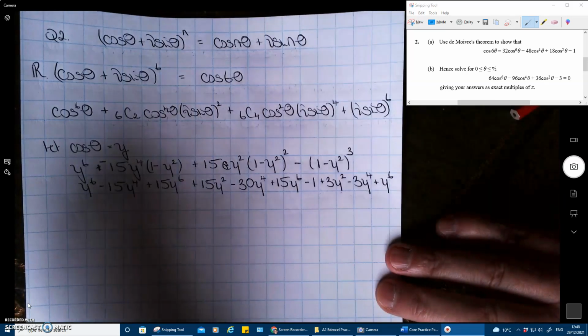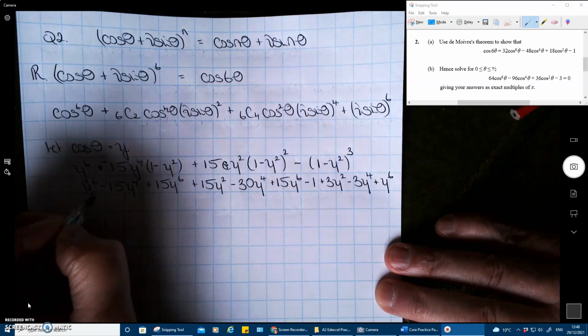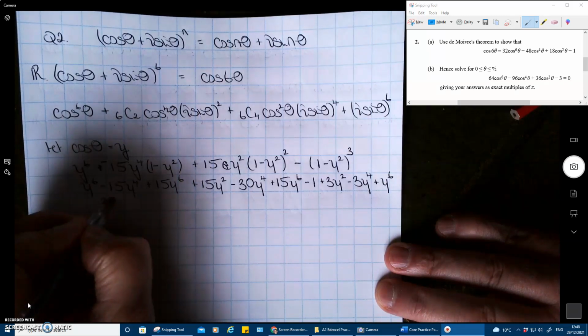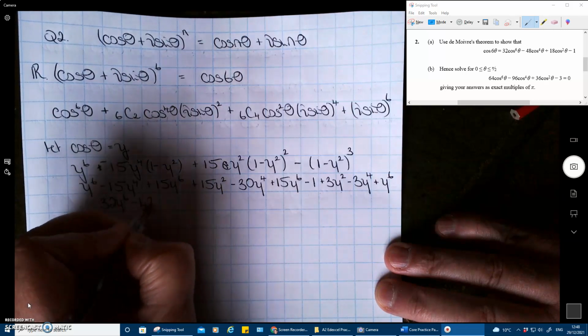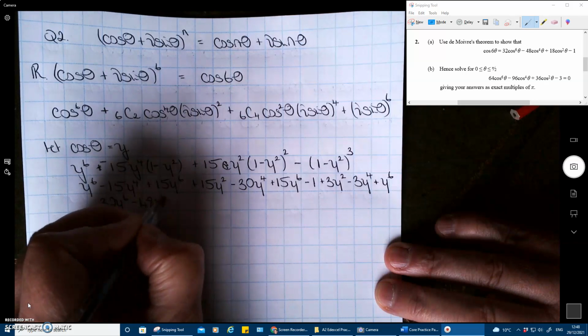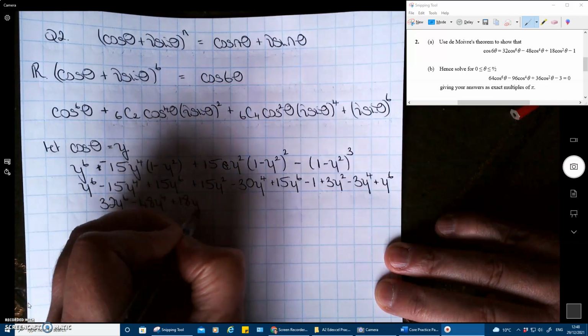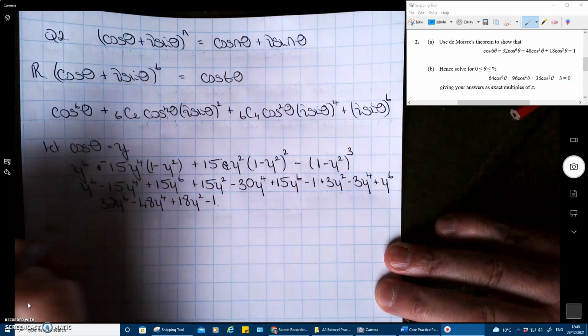Anyway, tidy that all up, and I get, if I just do the y to the 6's, 32 y to the 6, take away 48 y to the power 4 plus 18 y squared minus 1.